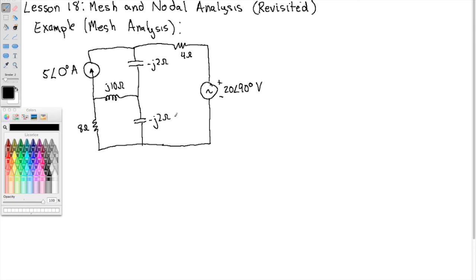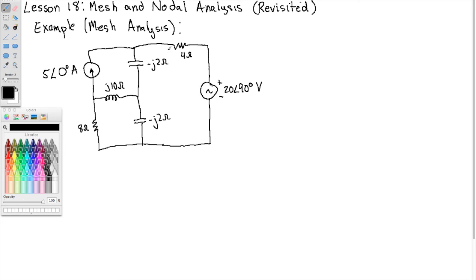Very good. So here we have two sources. We have a current source over here. This current source is 5 angle 0 degrees amps, and we have a voltage source over here that's 20 angle 90 degrees volts, and we have some capacitors, both negative j2 ohms impedance, and we have an inductor here, j10 ohms impedance, and two resistors, 8 ohms and 4 ohms.